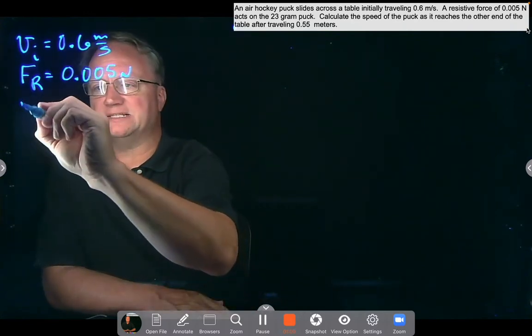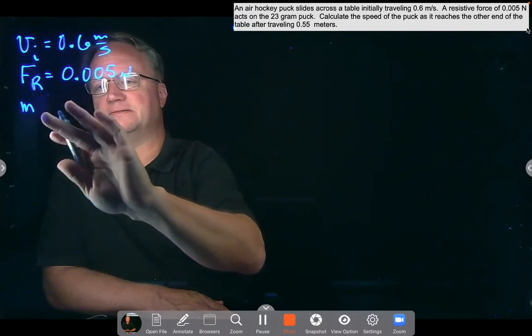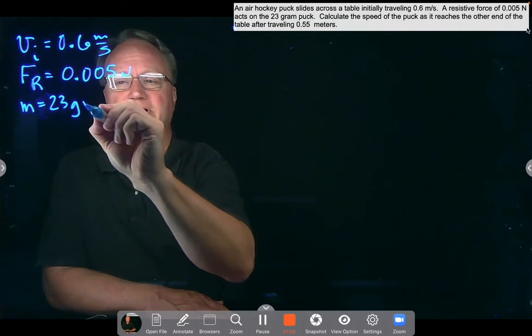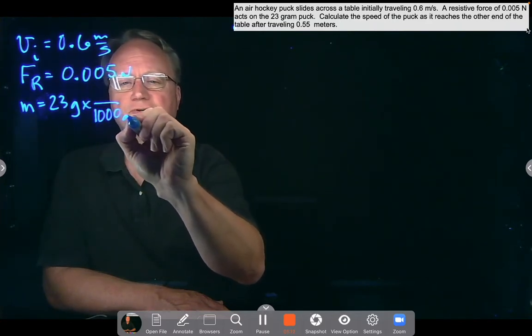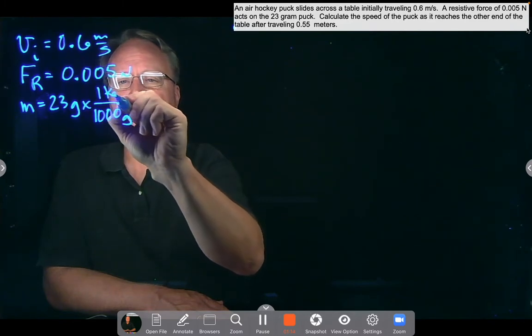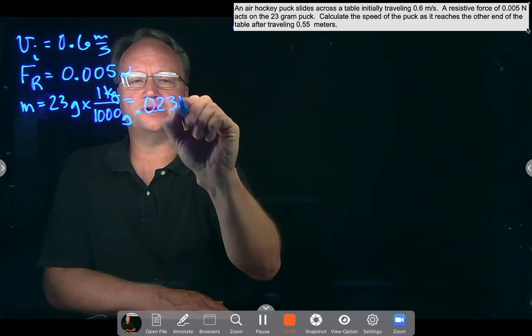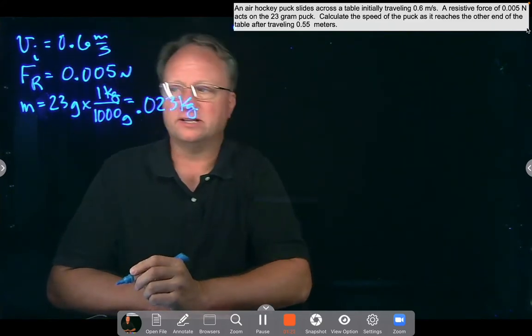We know a mass, 23 grams. More than likely, we're going to need that in kilograms. So if we convert that, 1,000 grams is equivalent to 1 kilogram. So that's going to give us 0.023 kilograms.